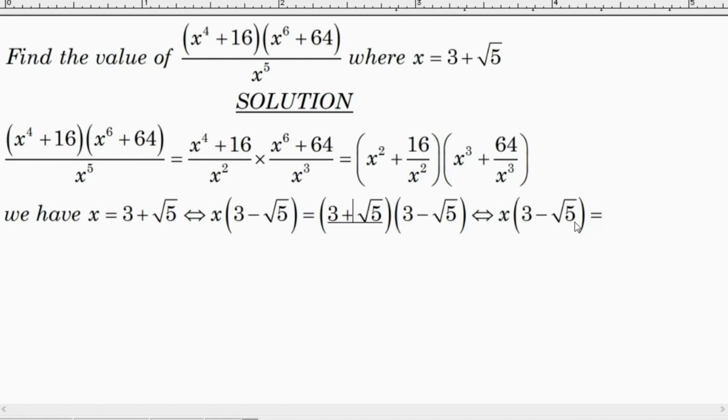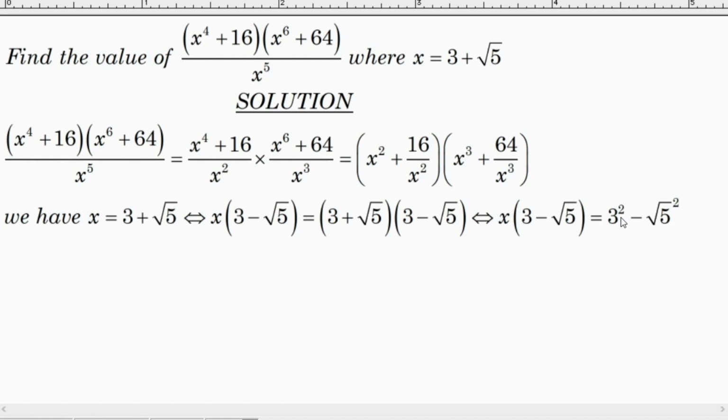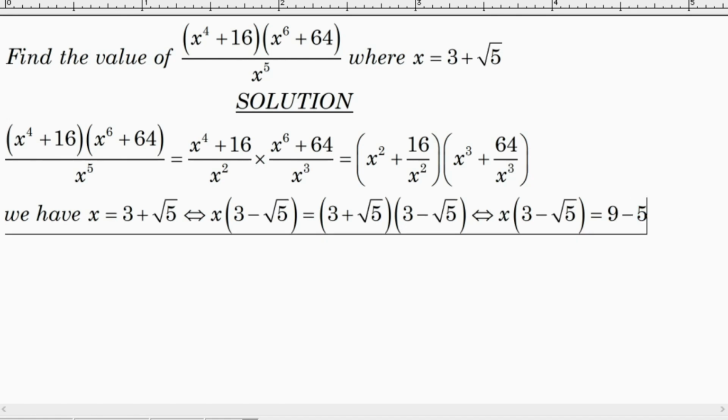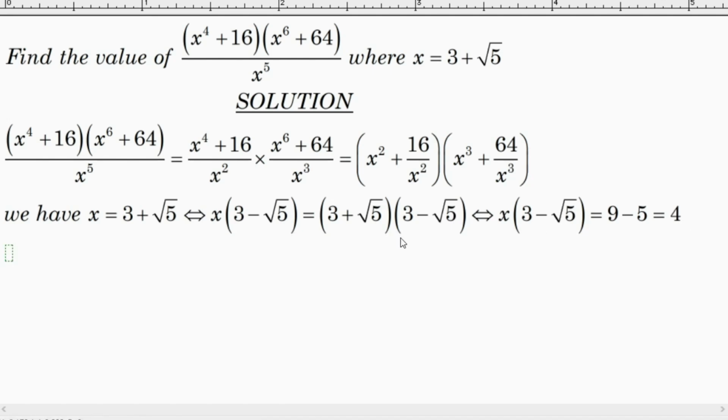That means 3 squared minus the square root of 5 squared. 3 squared equals 9, and the square root of 5 squared equals 5, so the result is 4. So x times (3 minus the square root of 5) equals 4, which means 3 minus the square root of 5 equals 4 divided by x.